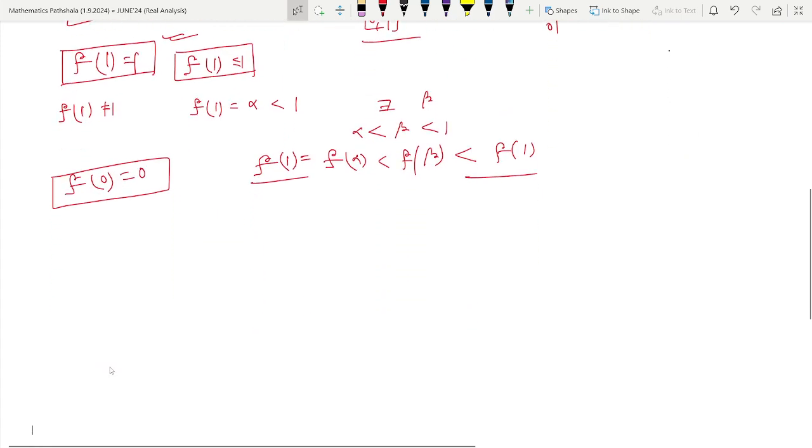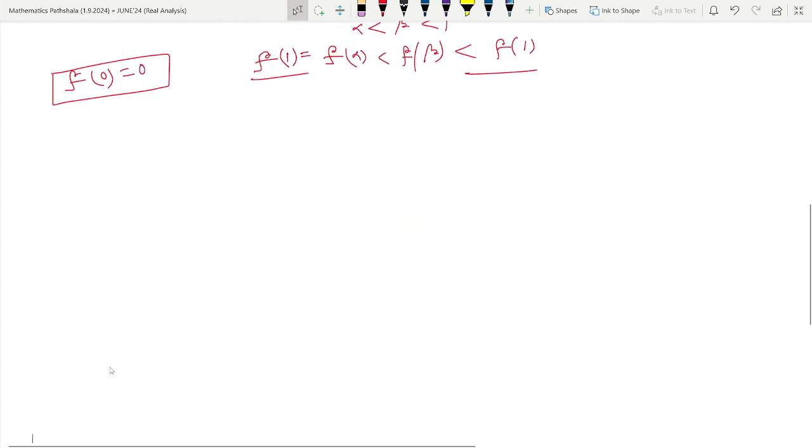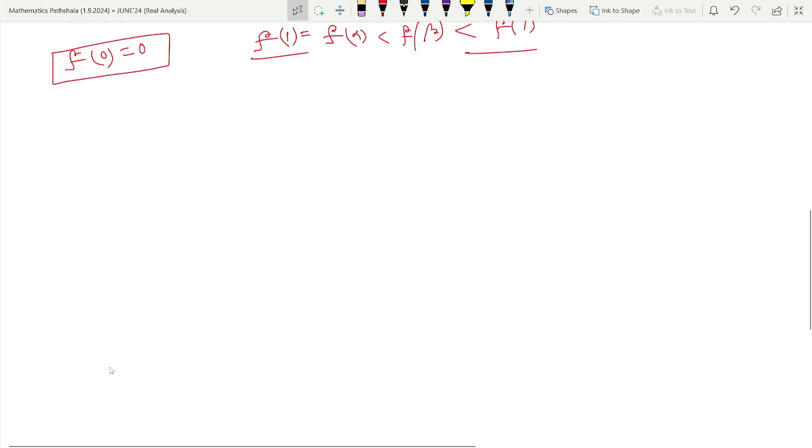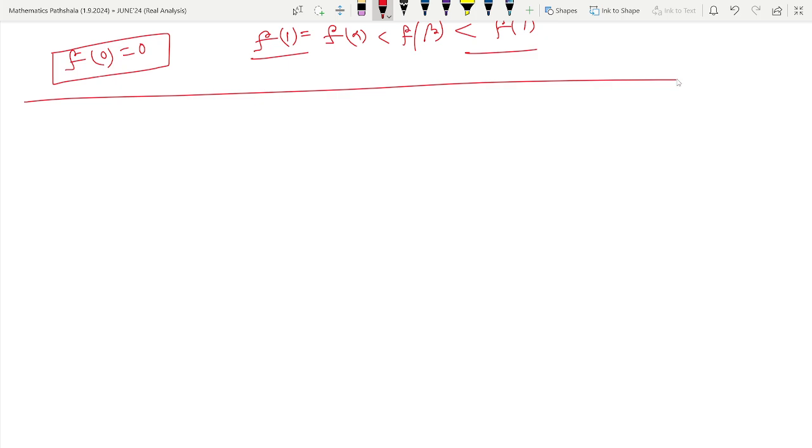This is actually a standard result: when f is continuous and one-one, that is, strictly increasing or decreasing, then this f inverse from f(K) to K will be continuous. But here we can prove this very easily. We can prove this by using the sequential criterion.